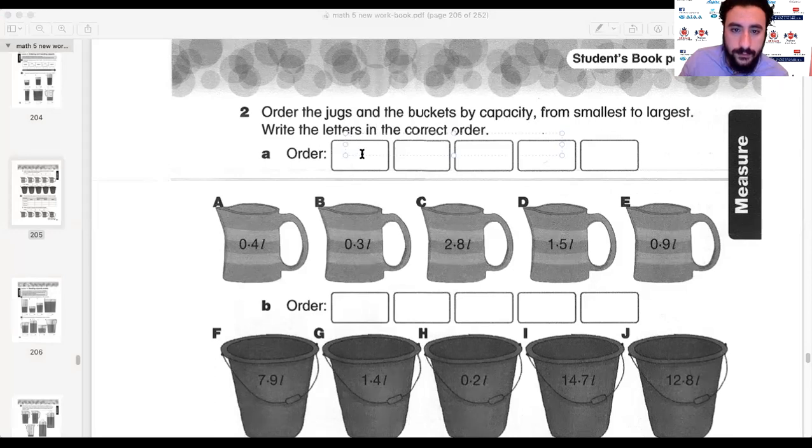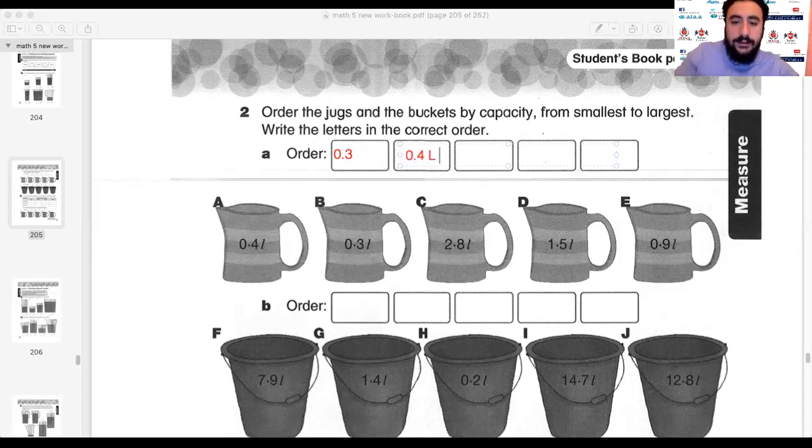The first one or the second one? The first one, which is A, B, C, D, E. The smallest one will be 0.3 liters. Can you raise your voice a little bit? The smallest will be 0.3 liters. Then 0.4 liters.